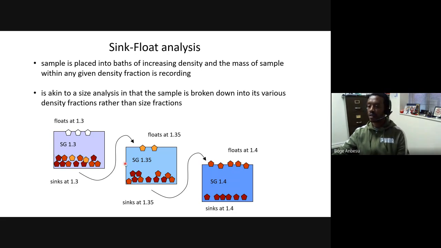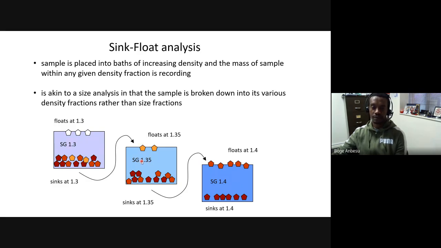Then now you have this sink material. So you increase the specific gravity of the liquid from 1.3 to 1.35. Now I make a slightly denser media, if you like. I had particles sinking in here. If I increase the media density, then some of the particles may float because they have a density of less than 1.35.